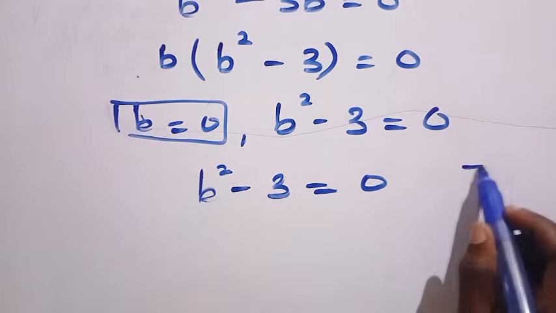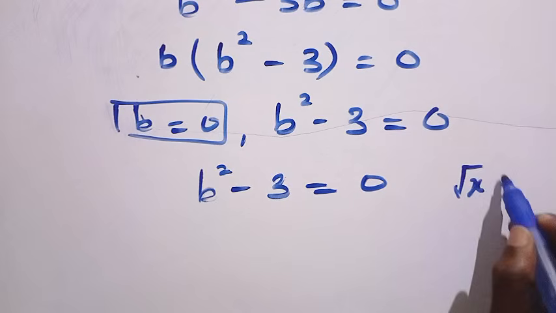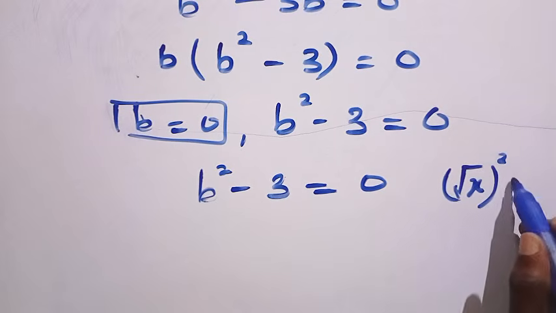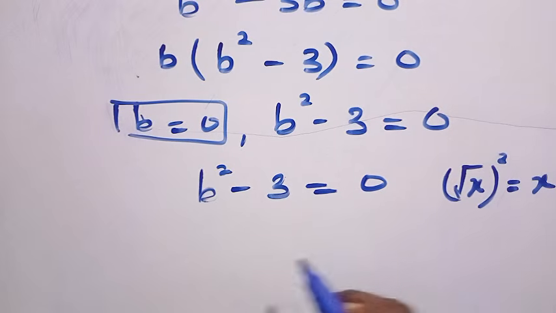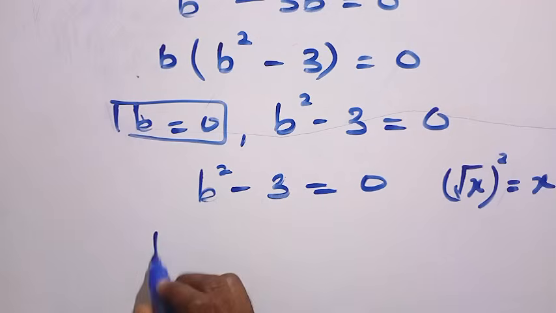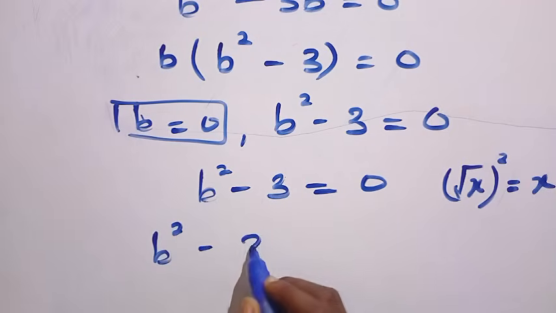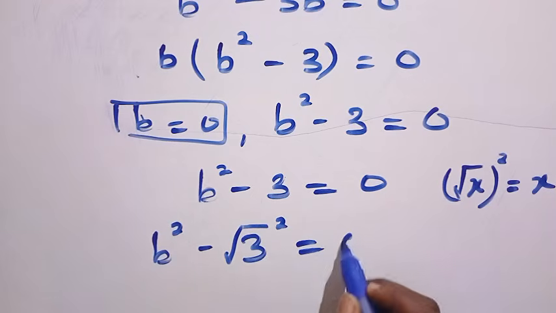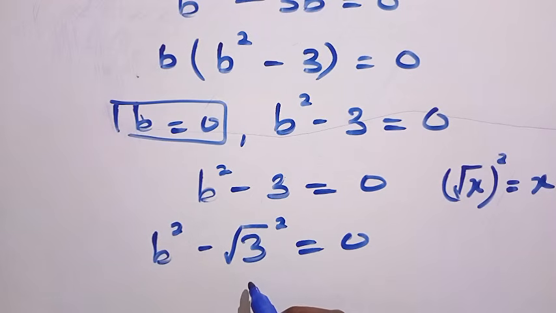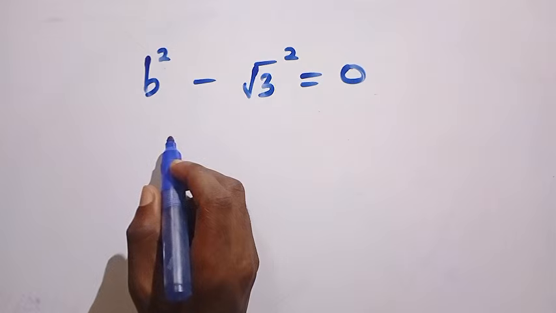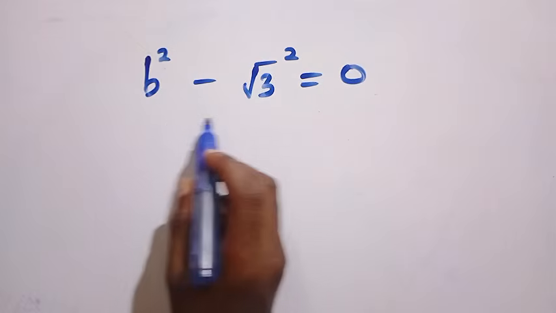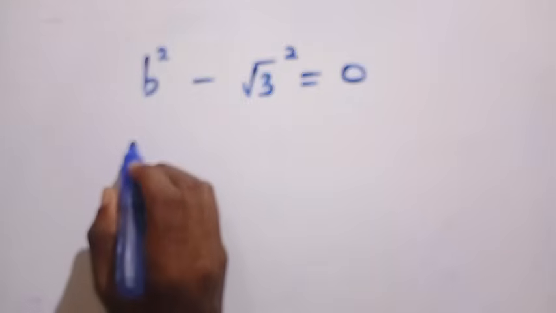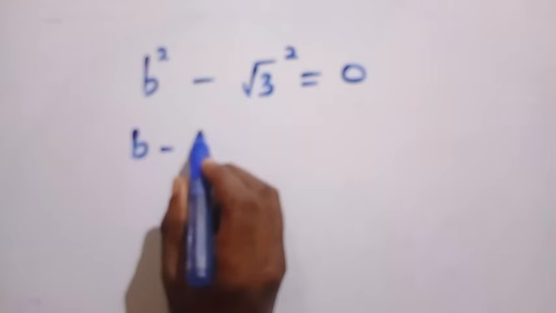Note that the square root of x raised to power of 2 is the same thing as x. With this, we have b squared minus the square root of 3 all squared equals 0. Why did I apply this? I want to use the difference of two squares. If you apply the difference of two squares, we add and subtract.